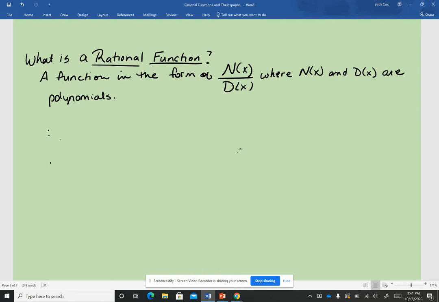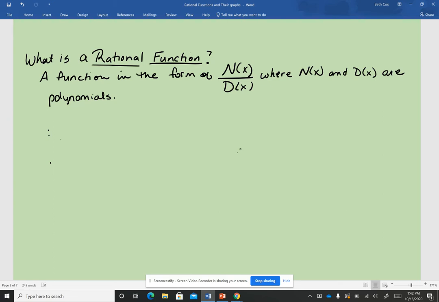Now we're going to move into a different type of function, called a rational function. These are complicated, but they're formed from two polynomials, and that's why we teach polynomials first. In rational functions, you have a fraction where you have a numerator and a denominator.